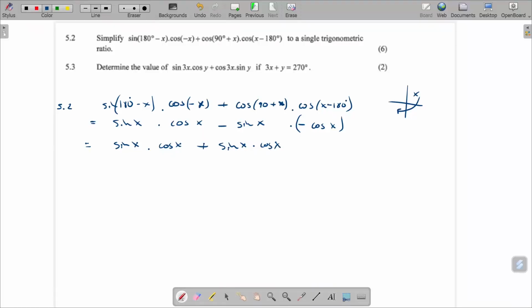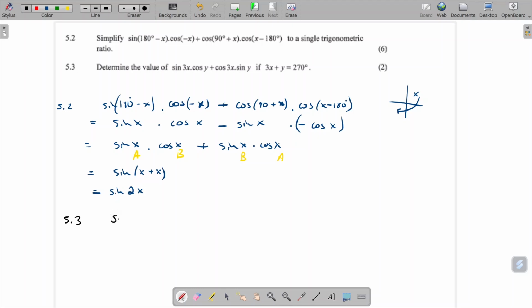And we'll look at this again, as I said, in the next video. But again, if I see this as being A, and I see this thing as being B, even though it's the same thing, what I've now got, therefore, is sine of x plus x, which is simply sine of 2x. We will look at that again, as I said, in a different format in the next video.